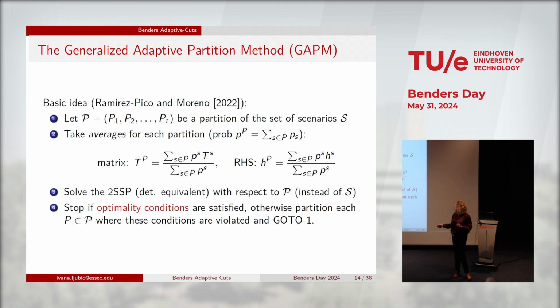And then we solve this problem as an MILP, as a two-stage stochastic problem, deterministic equivalent, with respect to this. And now the question is, what do we get? Is this something useful? Do we actually get the optimal solution? Can we stop? Or do we have to now somehow refine this partitioning and continue?